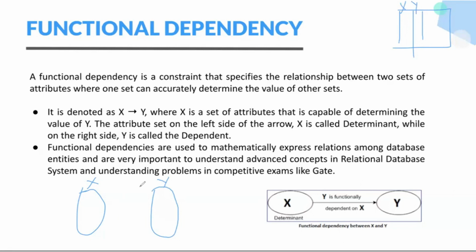So what's a functional dependency? We used to create some functions, right? Let's say some function F. What does this mean? Let's say I'm writing x1, x2, x3 and x4 as the elements, and similarly respective elements y1, y2, y3, and y4.